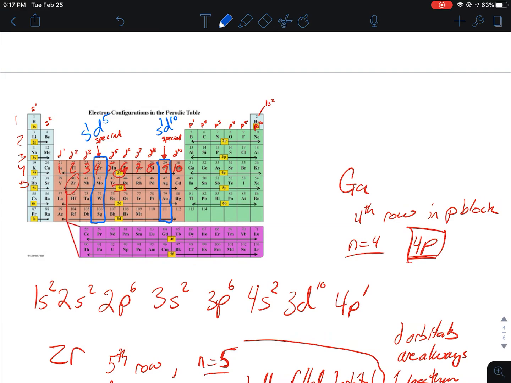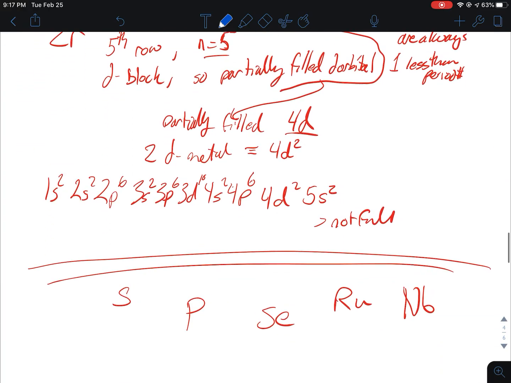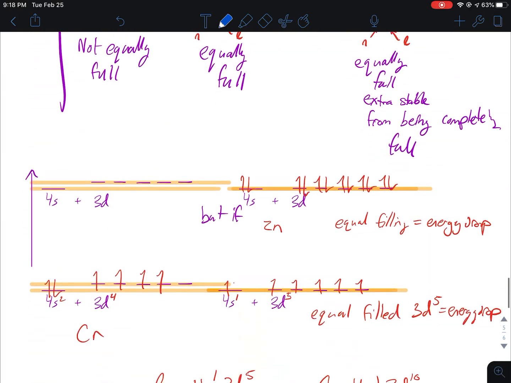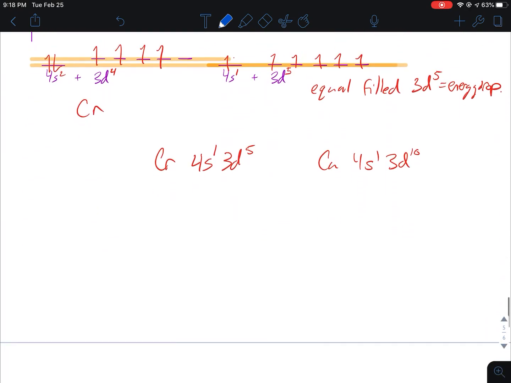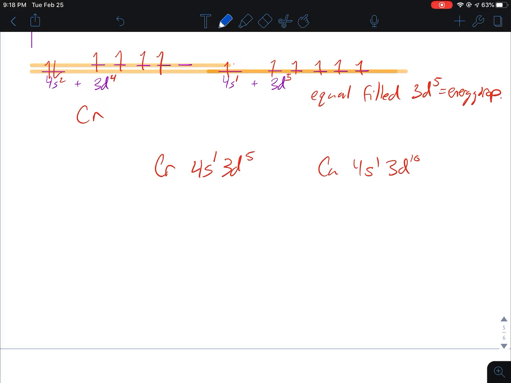So the S1D5, S1D10. So they promote a single electron. There is, I think, one other example, I think it is palladium, where 2 electrons are transferred for whatever reason, some weird combination of energy levels. But in general, if you can make one promotion and it equally fills the orbitals, then that is likely to happen.